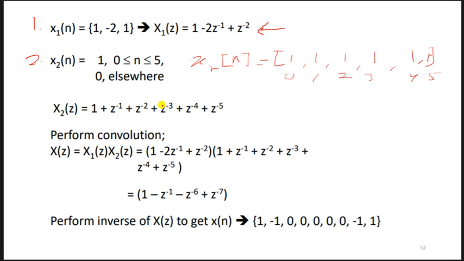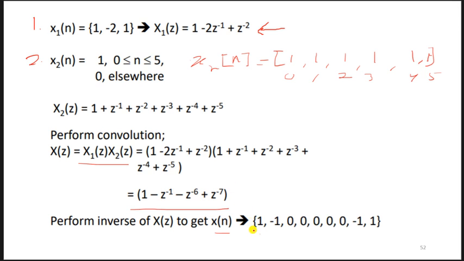Okay, a fast way to do convolution is that when you have these two Z transforms, you can just multiply X1(z) with X2(z). When you multiply both equations, you get this equation, and from here you can write its x[n].